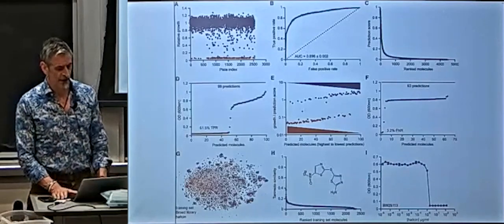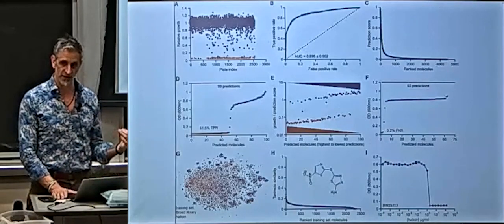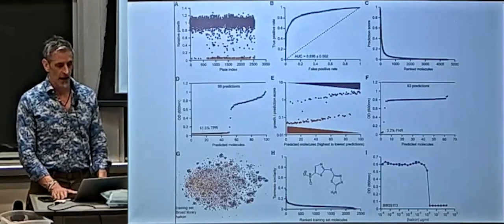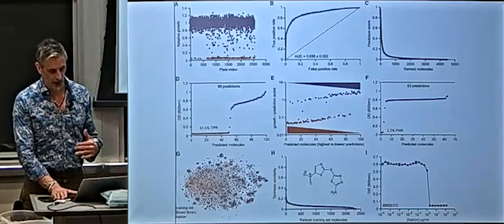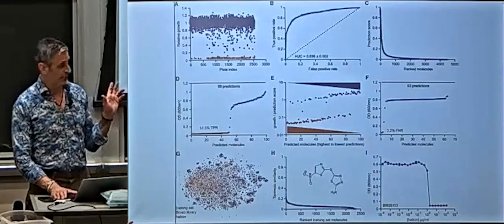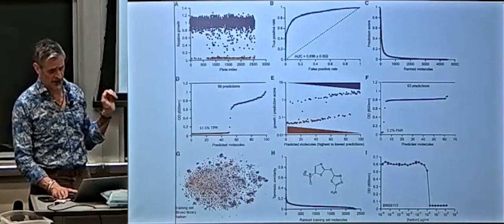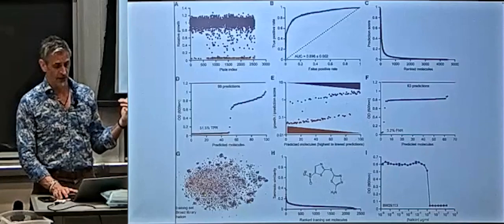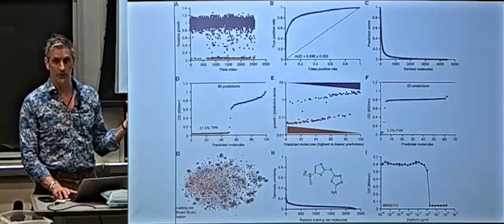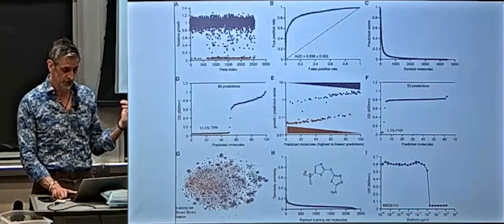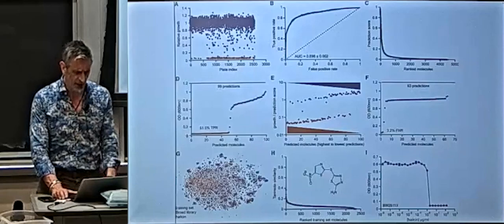And the red ones on the bottom, those did inhibit E. coli. And so they were able to predict, if we look at the ROC curve, where we plot our true positives versus false positives, the area under the curve is almost 0.9, which is pretty good.